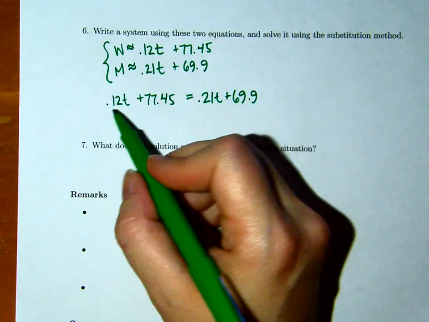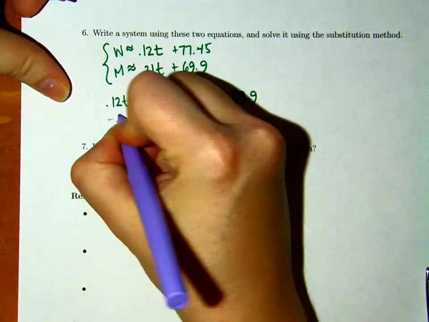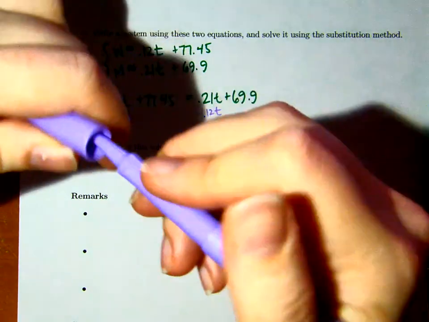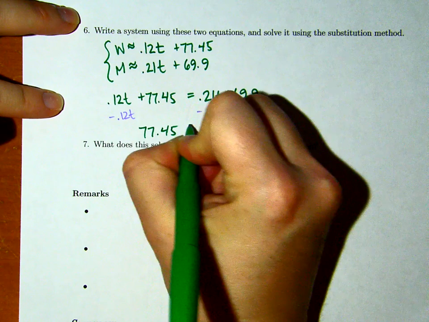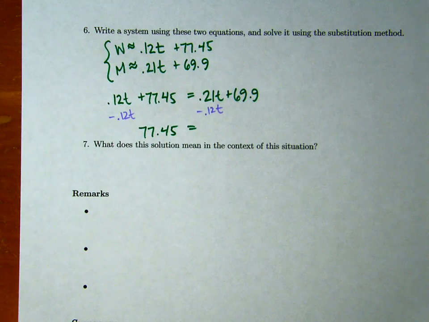We set these two equations equal and figure out what that means. Okay, let's solve it. I'm going to go ahead and subtract 12/100ths of a t from both sides. So we would have 77.45 on the left. What is that, 0.09?